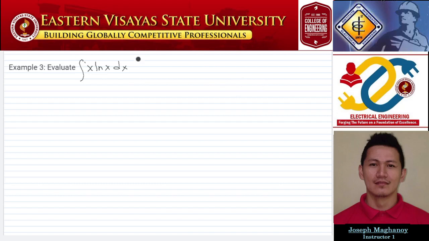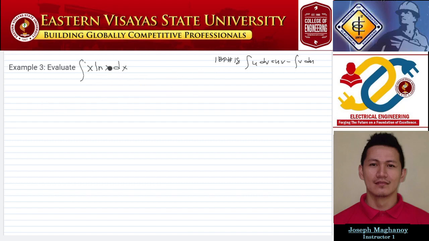So we recall our IBP formula, integration by parts, number 18 formula. That is integral of u dv equals uv minus integral of v du. So let's make it clear. So that is your uv minus v du.